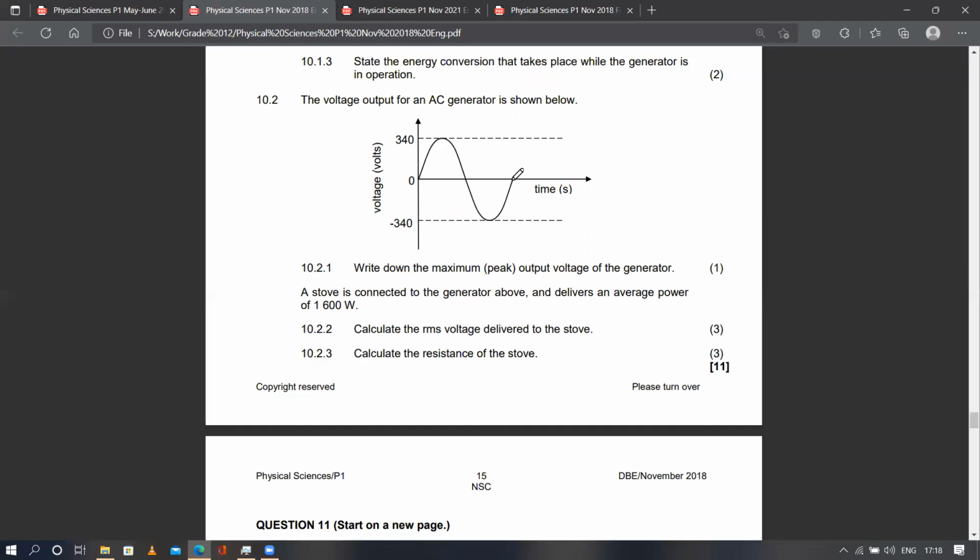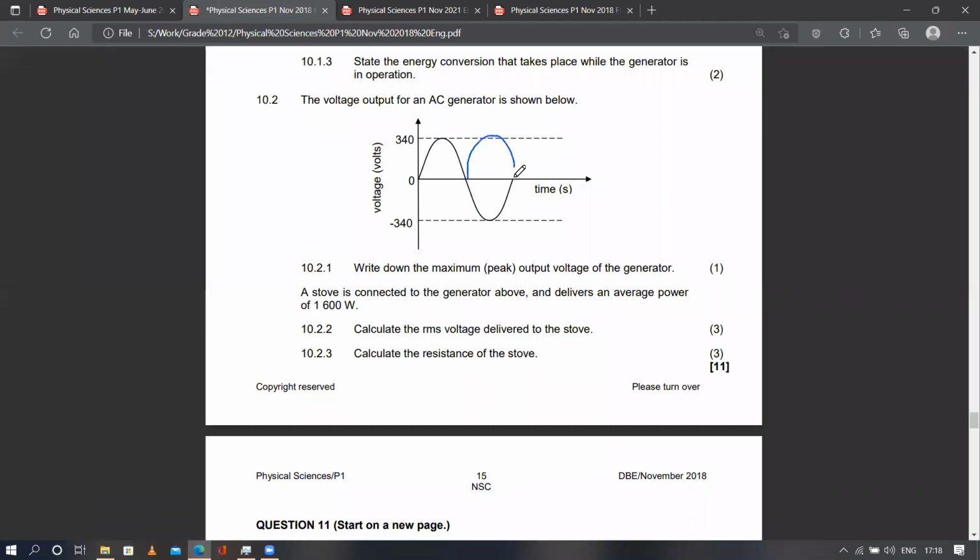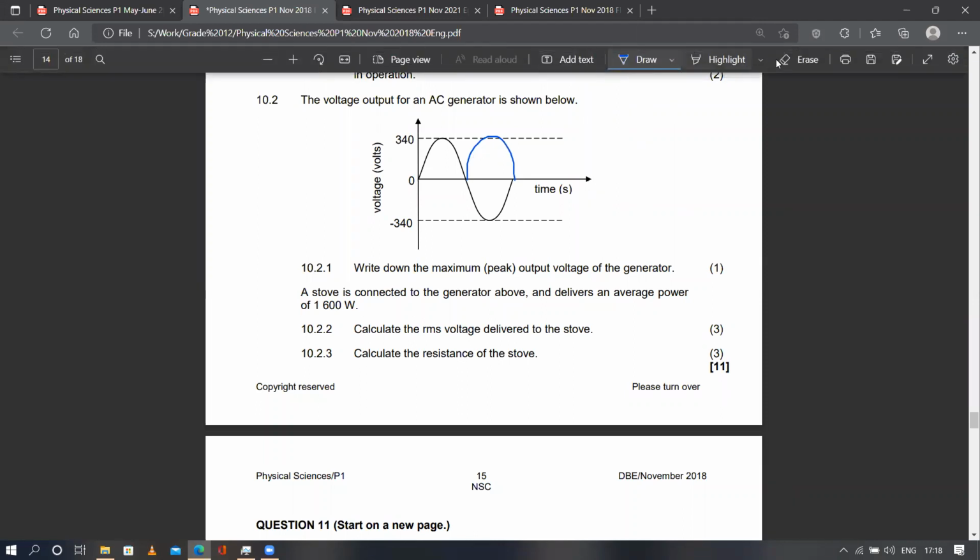It's gonna produce something like this again. So that's how you know that this is an alternating current generator. When it's a direct current generator, it's gonna be something along the lines of this. It doesn't go to the negative. It only stays in the positive.